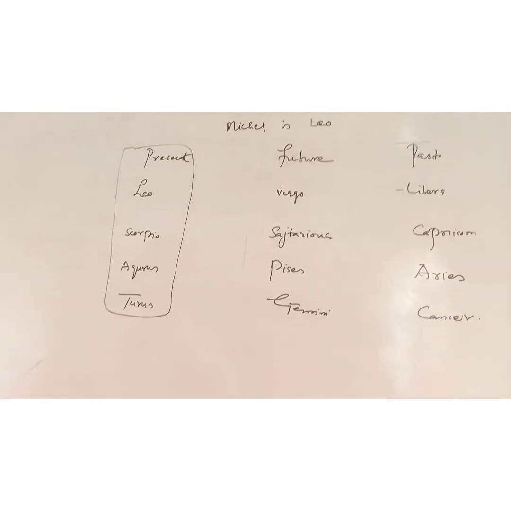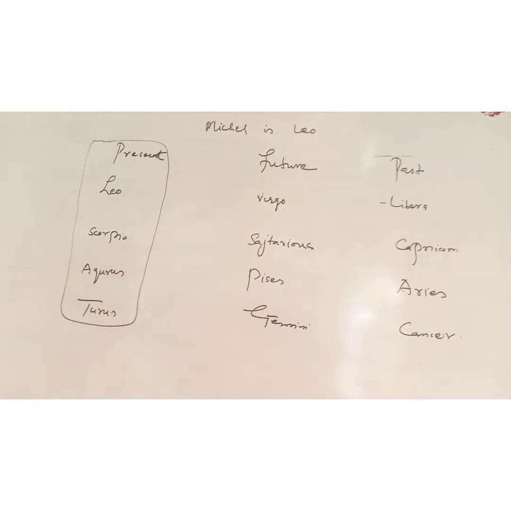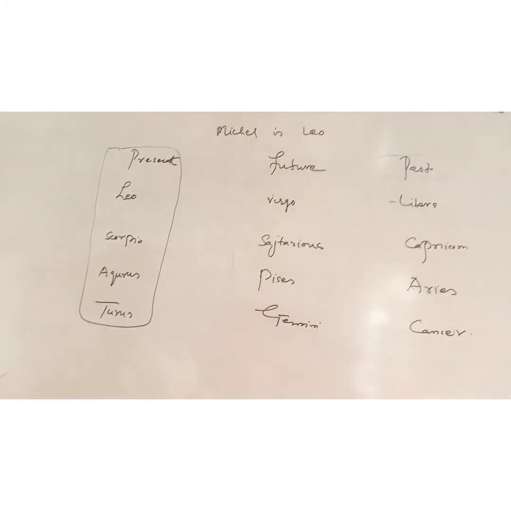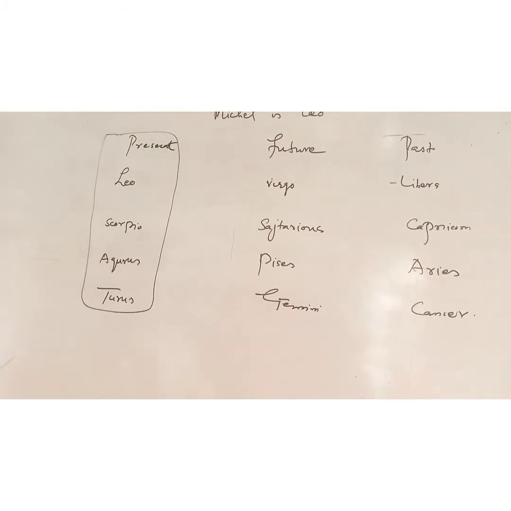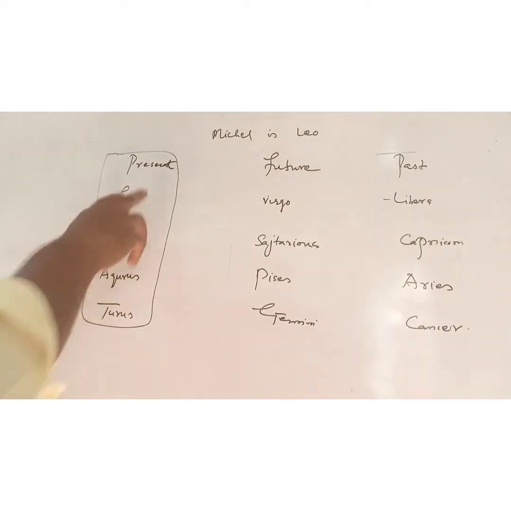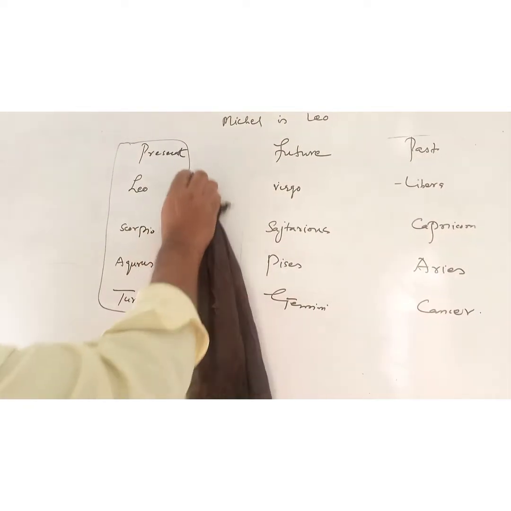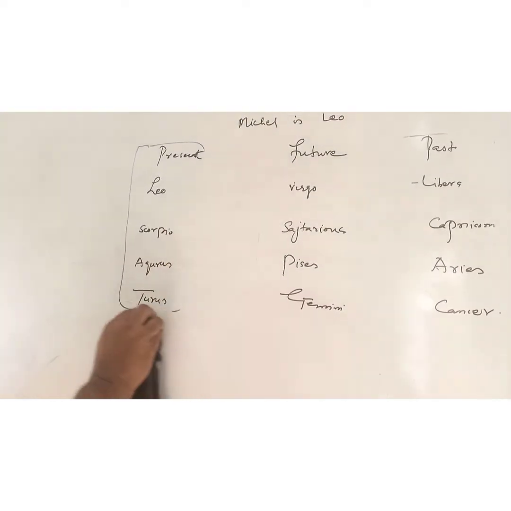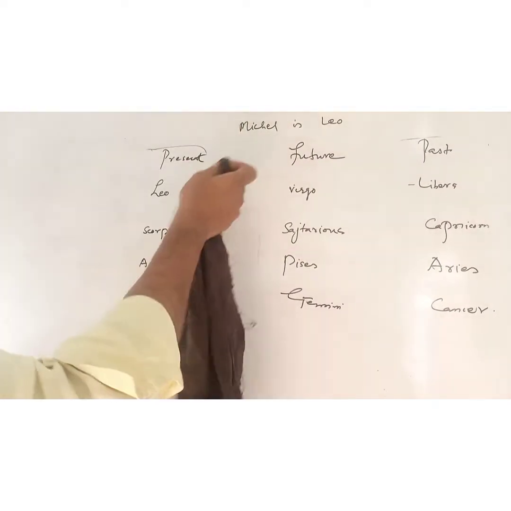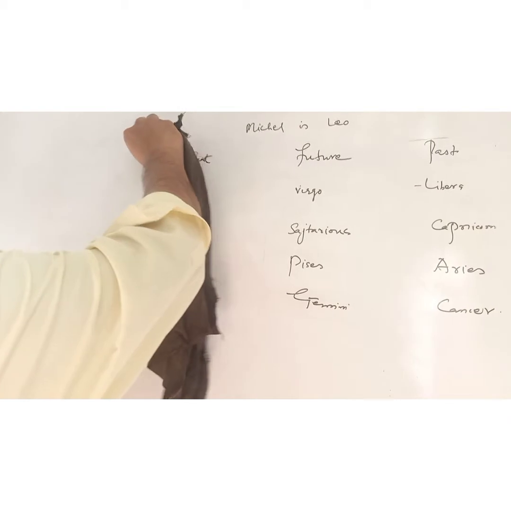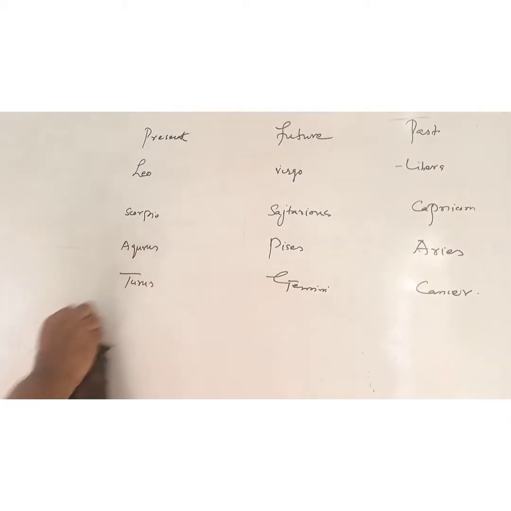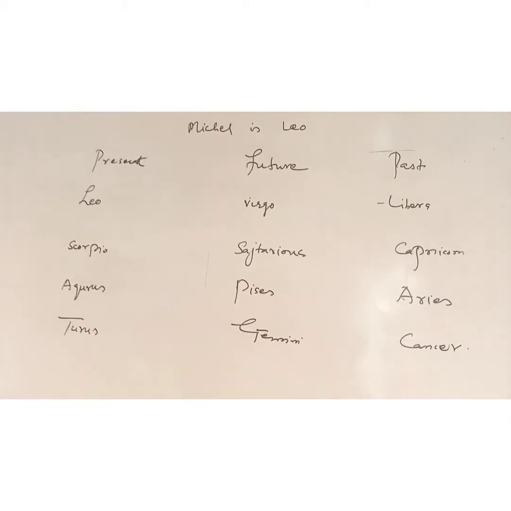So it is easily understandable and easy to learn if anyone understands the present, future, and past. Keep present first in the first house, future in the second house, and third is past.